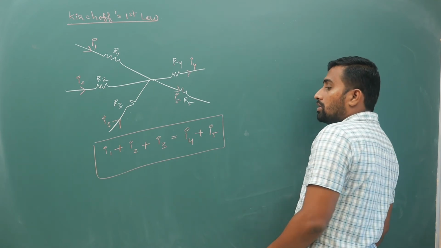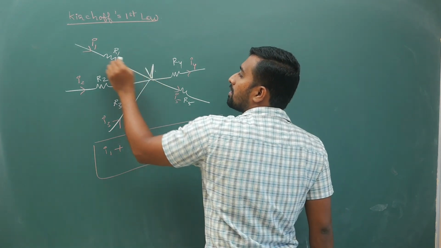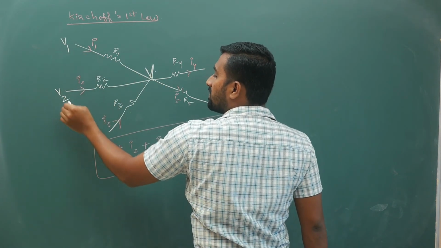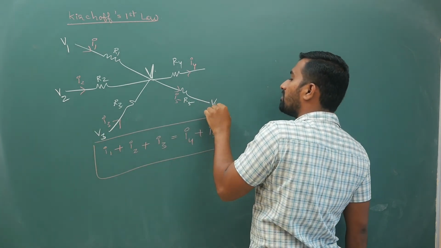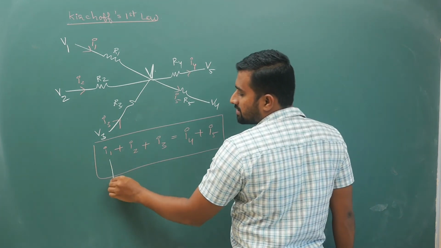Now if you want this potential V, and you are given V1, V2, V3, V4, V5, your current can be written as potential difference by resistance, higher potential minus lower potential.